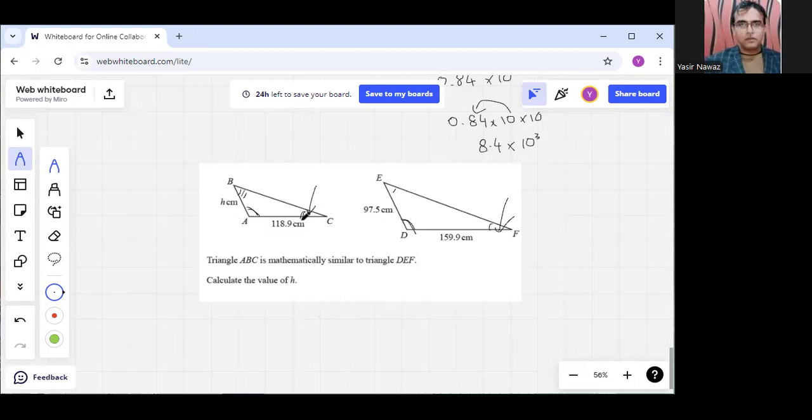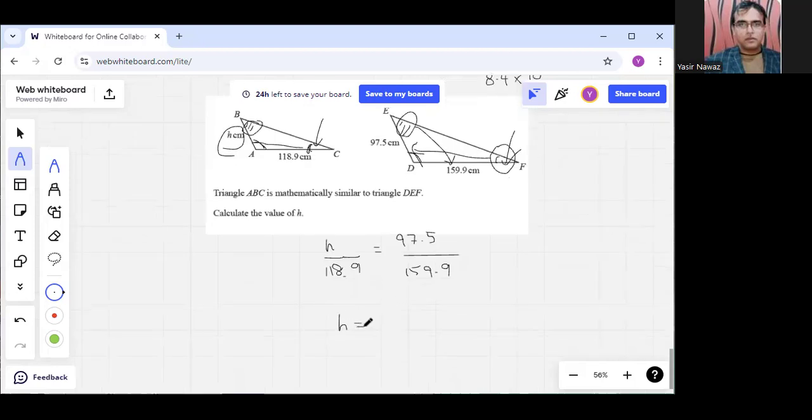Here, the side opposite to this angle is h, and the side opposite to the other angle is 118.9. Again, in the numerator, the side opposite to this angle is 97.5, and the side opposite to this angle is 159.9. Now I will try to find h.